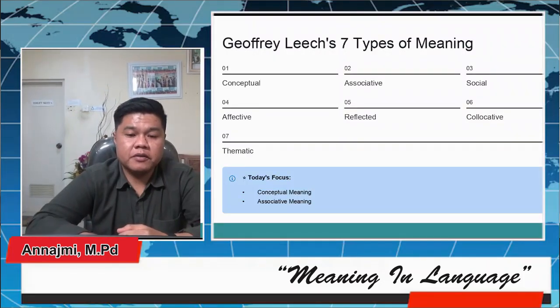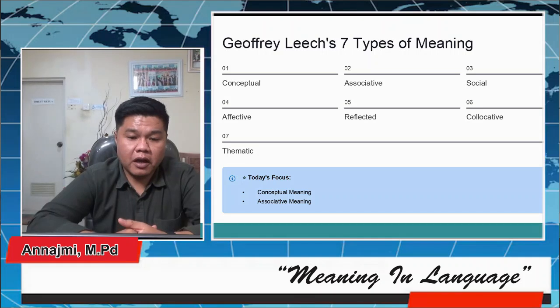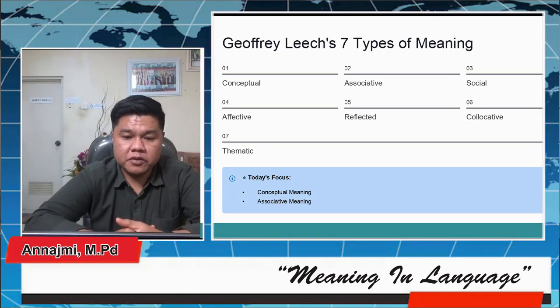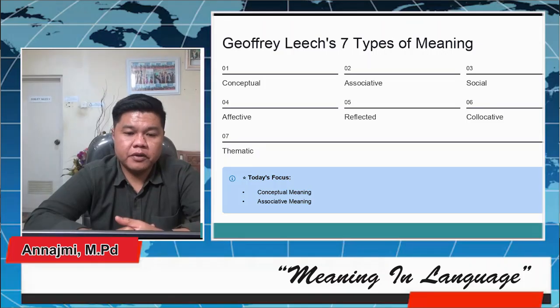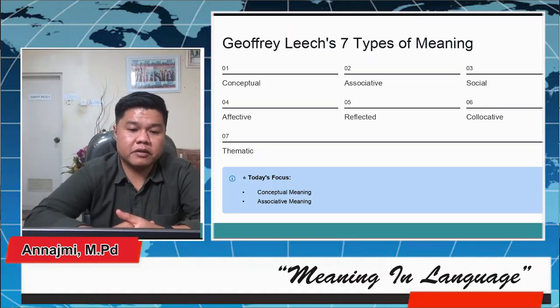Linguist Geoffrey Leech proposed that meaning is multidimensional. He identified seven types of meaning. There are conceptual, associative, social, affective, reflective, collocative, and thematic meaning.